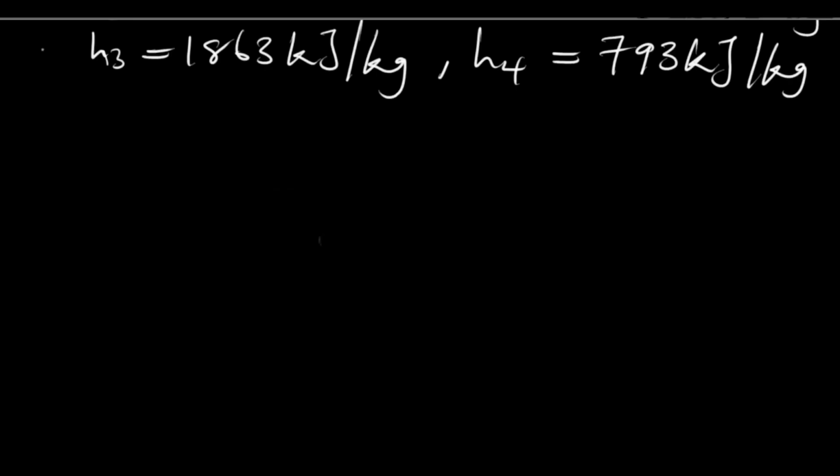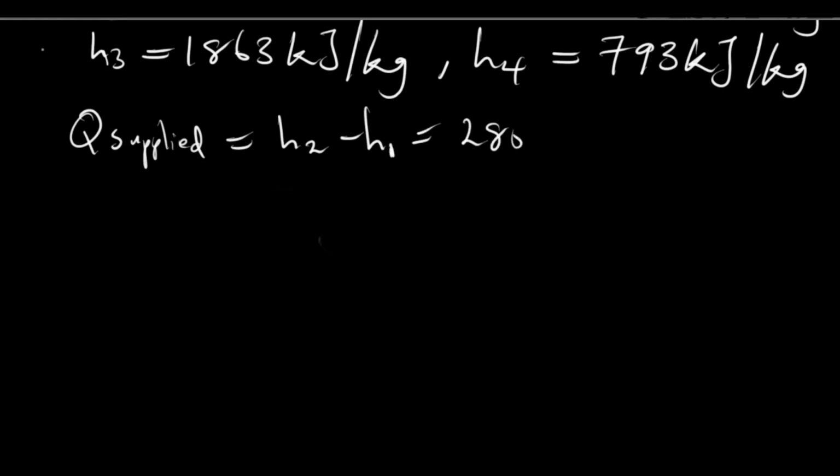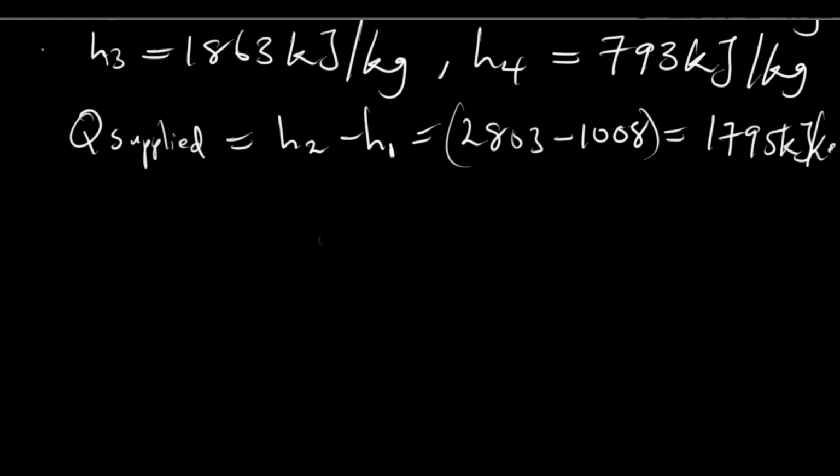Remember that I said heat supplied QS is given by H2 minus H1, which is 2803 minus 1008, which will give us 1795 kilojoule per kilogram.